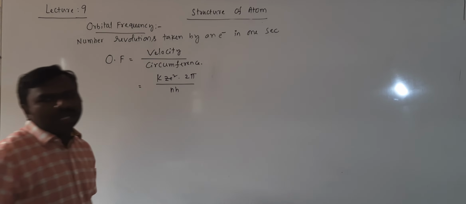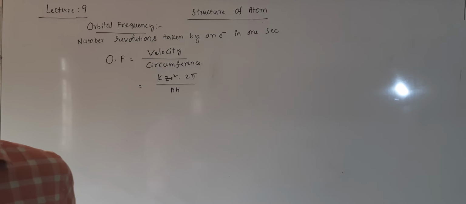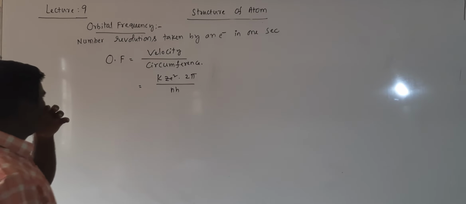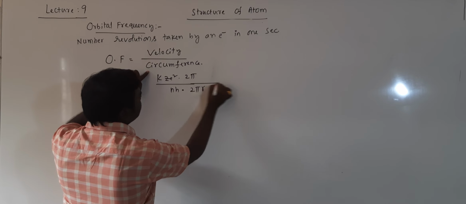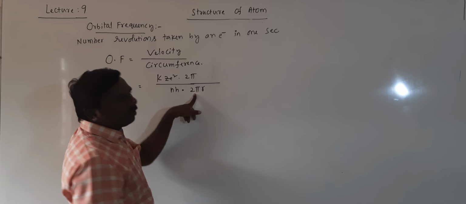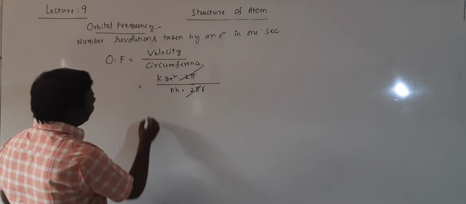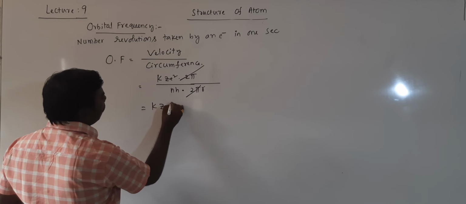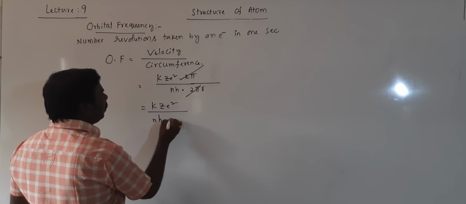Multiply by 1 over the circumference, which is 2 pi r. The 2 pi cancels, then kZe square by nh into 1 by r.